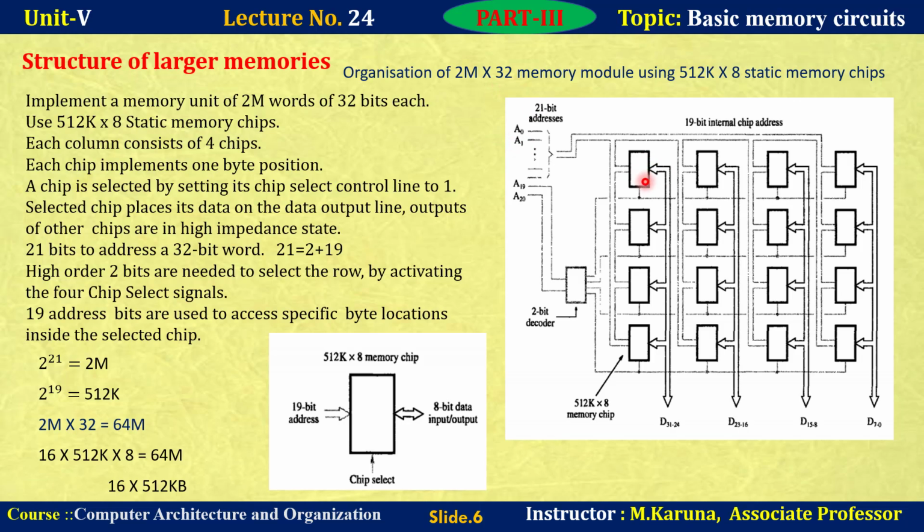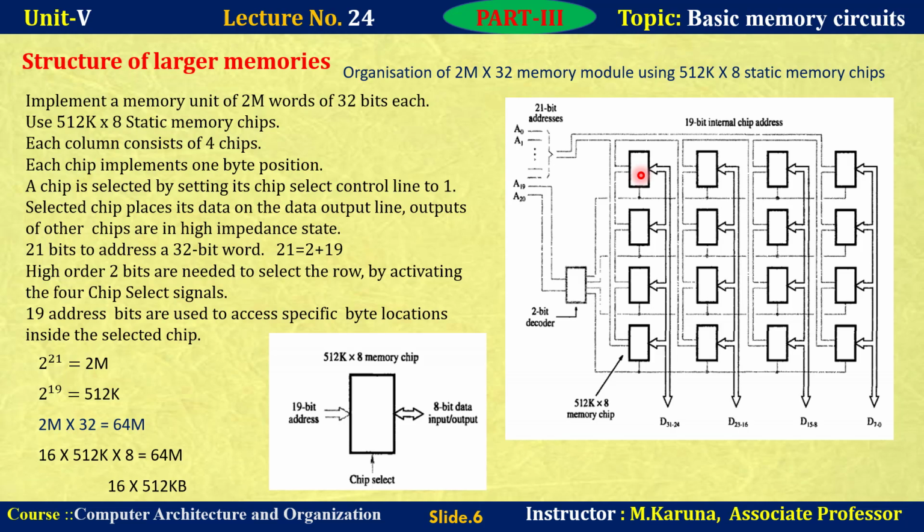The first chip can store 8 bits, and the next 8 bits, 8 bits, 8 bits. So four 8s are 32 bits. If you organize the memory chips like this, a row of memory locations can store 32 bits. That 32 bits can be accessed at a time by selecting all 4 chips connected to that row.